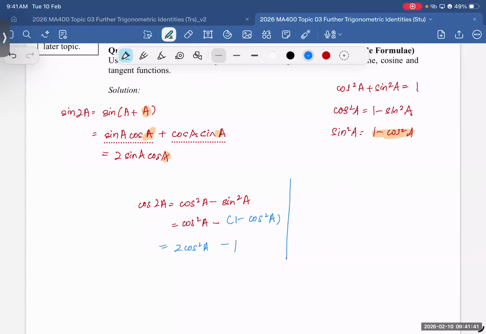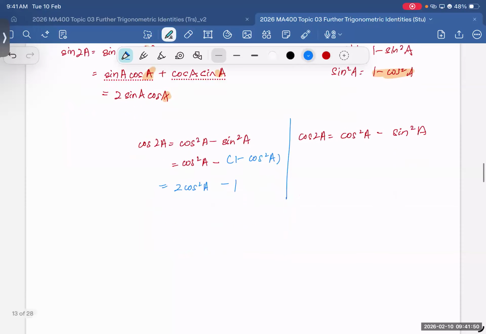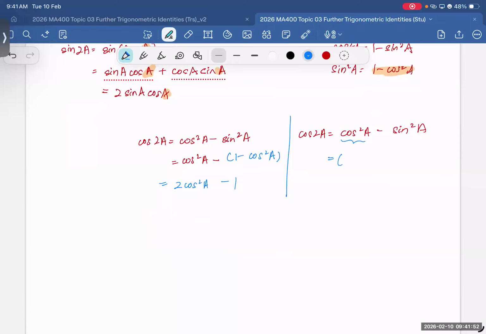At the same time, you know that cos 2a is cos square a minus sine square a, just substitute cos square a as 1 minus sine square a. You will get 1 minus 2 sine square a. That's how you get the second and the third.